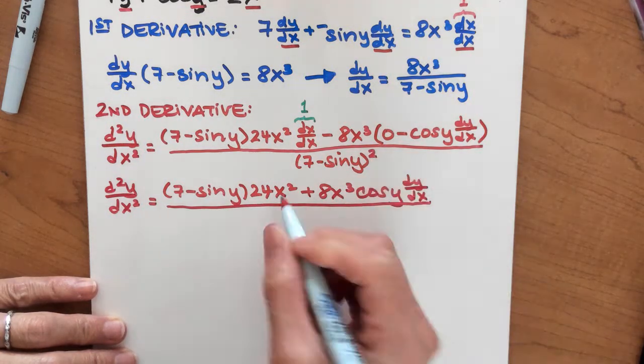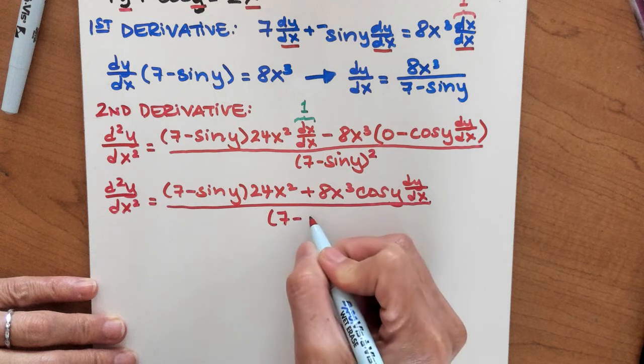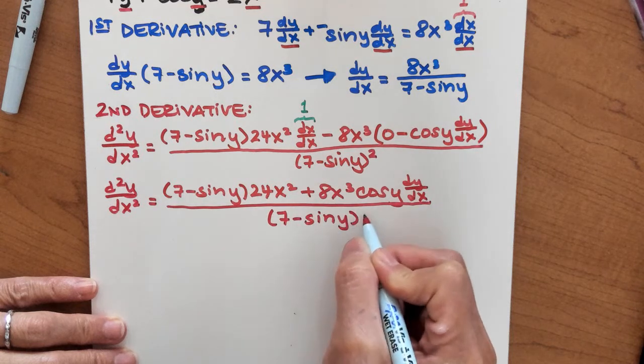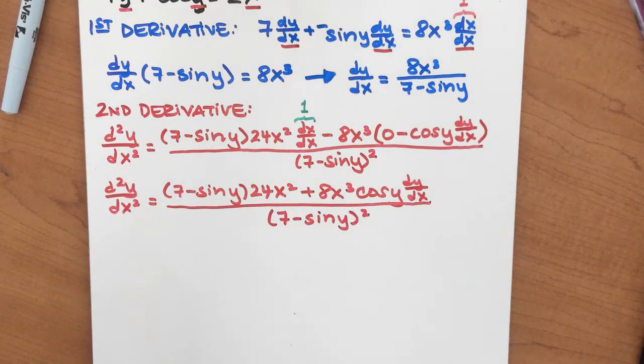Oops, I forgot the squared on the previous step. Add that back in there. Okay. We're almost done here.